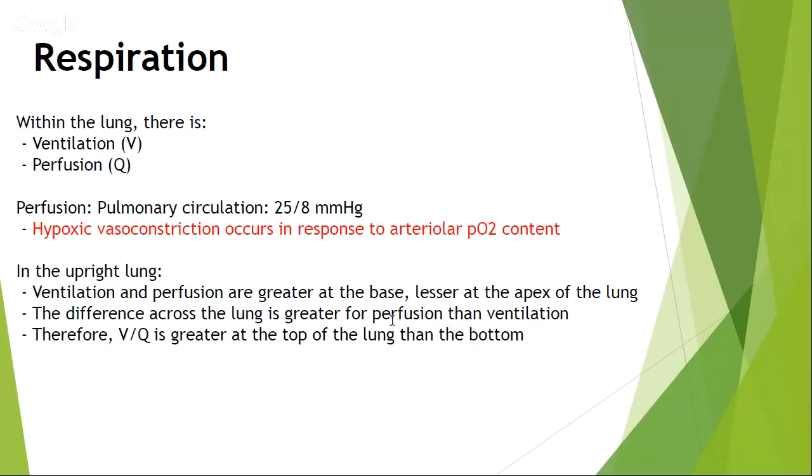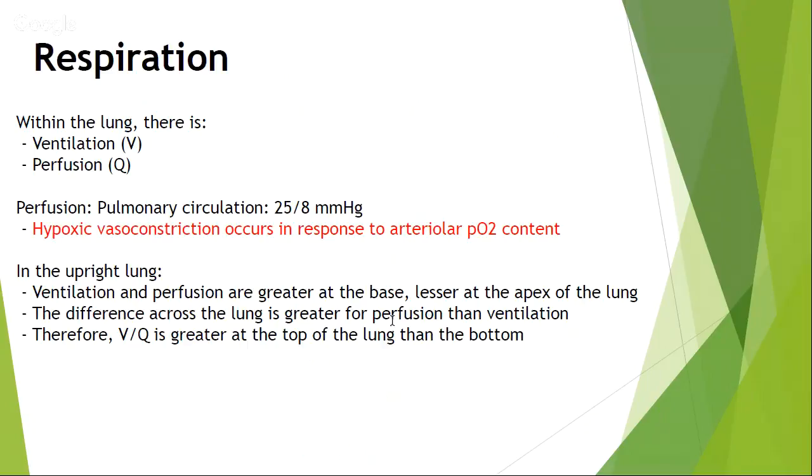Within the lung, you've got ventilation and perfusion. Ventilation is the air movement, and perfusion is the blood circulation. The pulmonary circulation has a pressure of about 25/8, compared to 120/80 in systemic circulation. Also different to the systemic circulation, you have hypoxic vasoconstriction occurring.